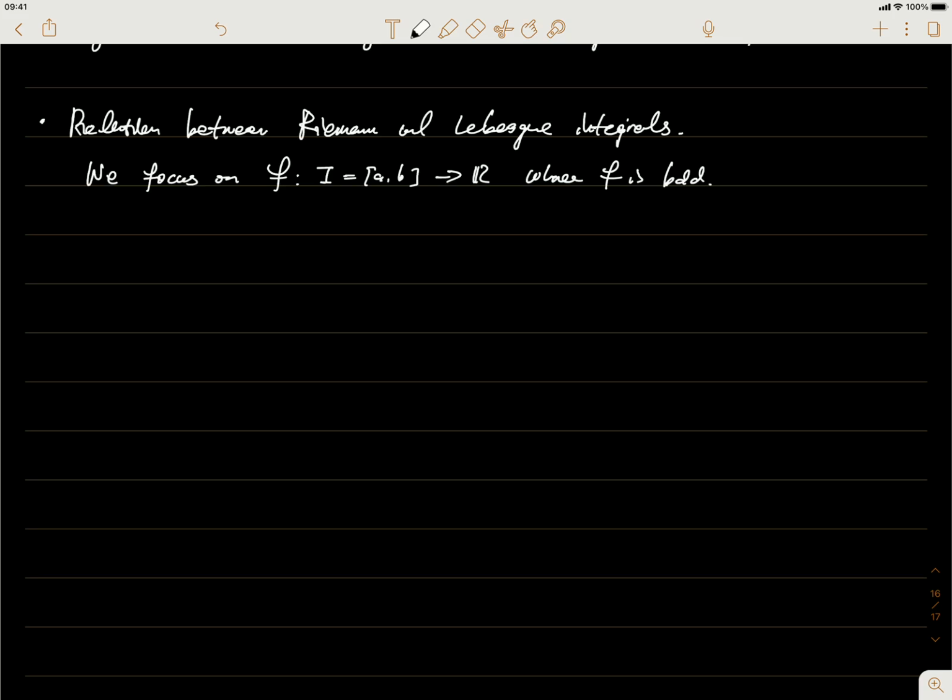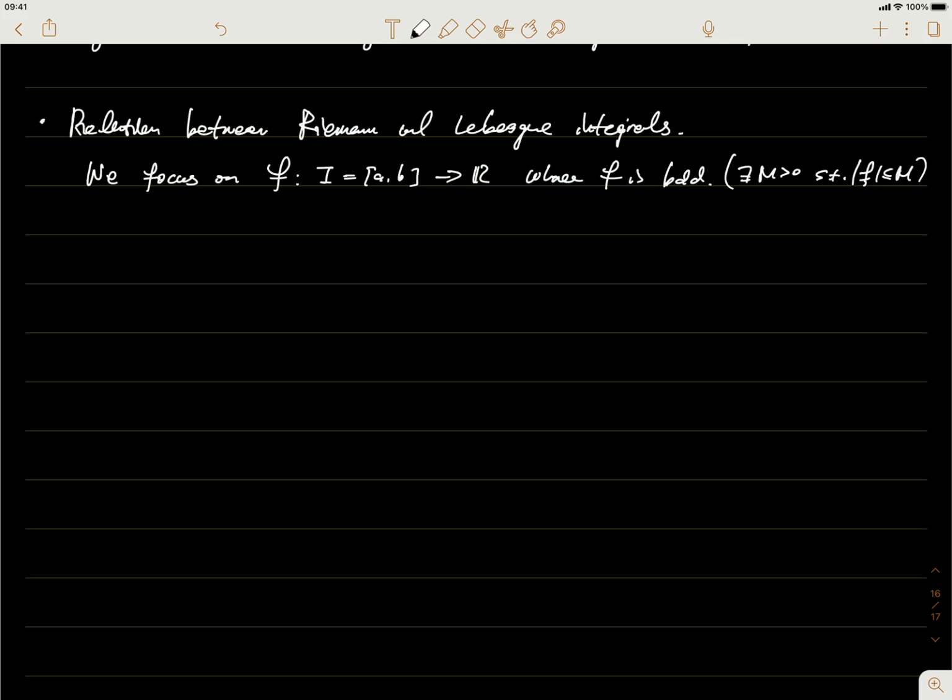Bounded means that there exists M such that f is bounded by M. So that's our setup of the discussion in this subsection.